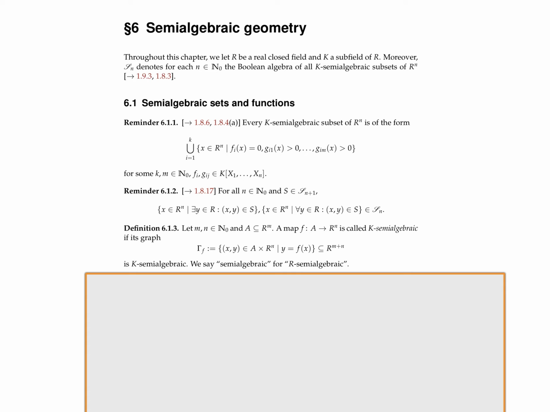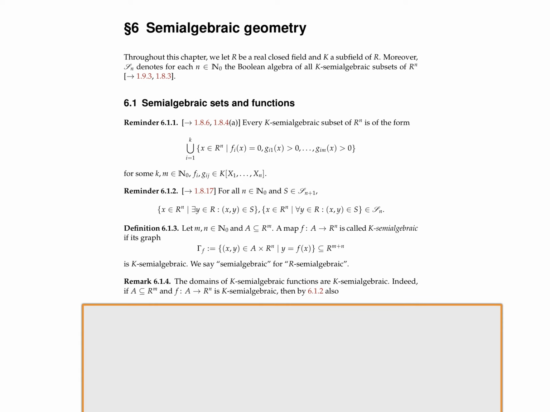If we say just semi-algebraic, then exactly as we did for sets, we mean R-semi-algebraic, when there is no restriction on where the coefficients could be.